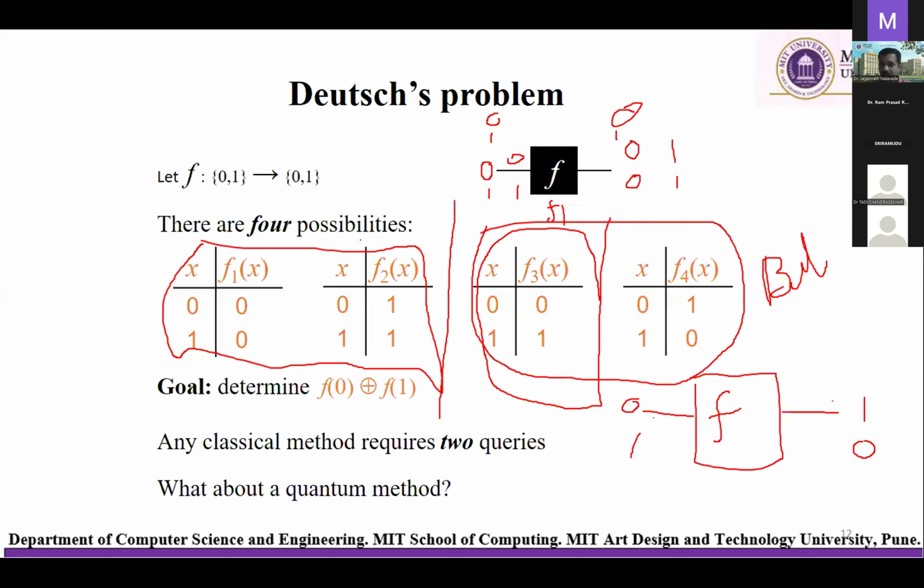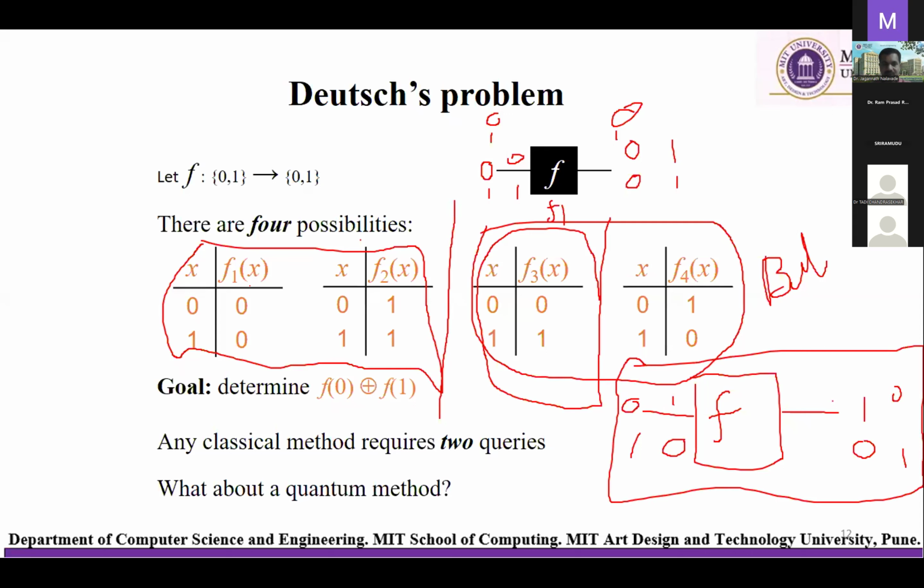Similarly, whenever you pass the input in the form of 0 and 1, you will get the same type of output. Suppose next time you pass 1, then the output will be 0. If we pass 0, again the output will be 1. If you observe, this is the balanced case, where the output is not fixed and does not remain constant as we have seen in the first two cases.